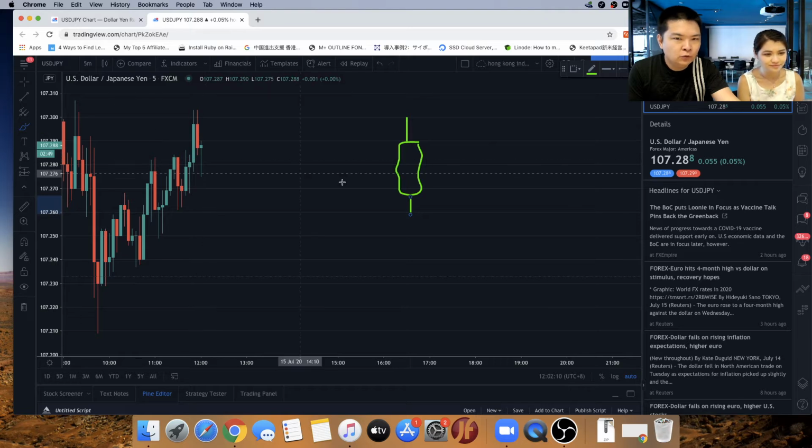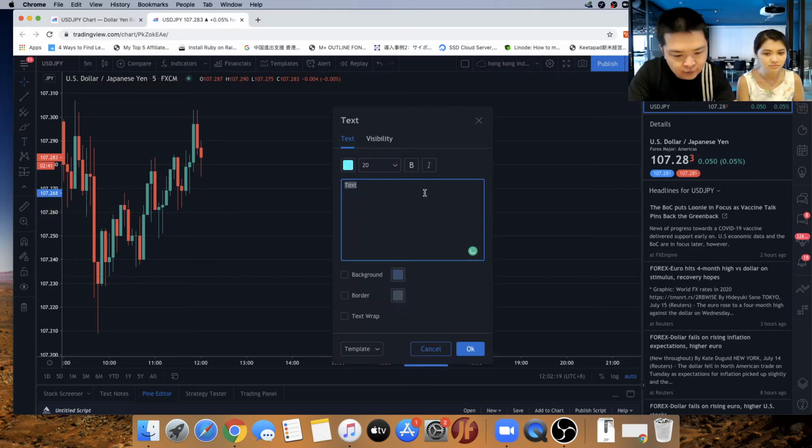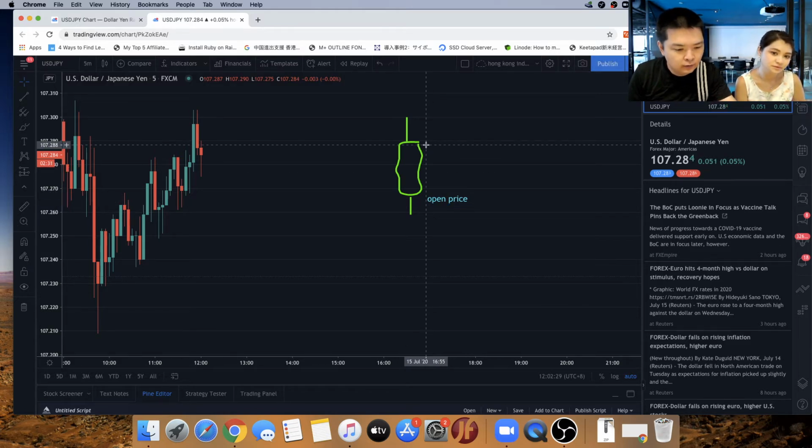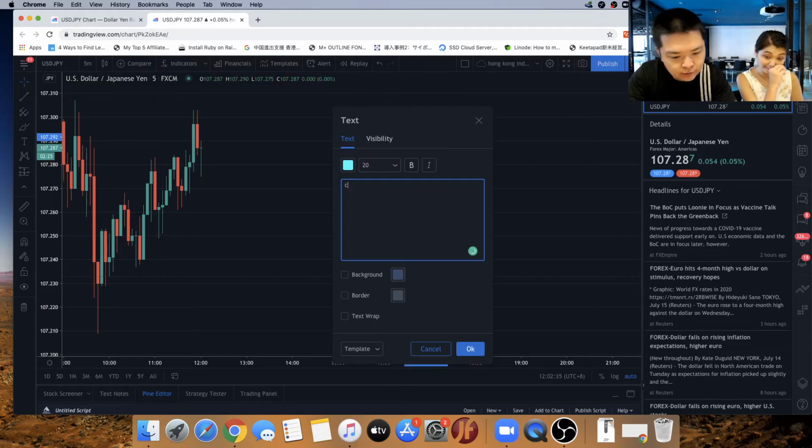On a green candle, it means that the price started here at the bottom of the candle. So this is the open price. And the candle will finish with the price higher than where it started. So this will be the close price.